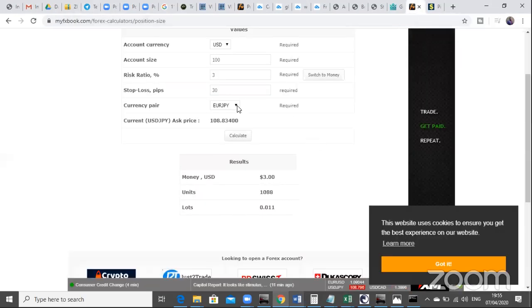So if it is Euro GBP, for example, you already come here, 30 pips, 0.08. So your money is not enough. Let's say you have $200, 0.01. So you know that good. Once they tell you sell, you use 0.01 for this trade. So you're already aware of what to do.